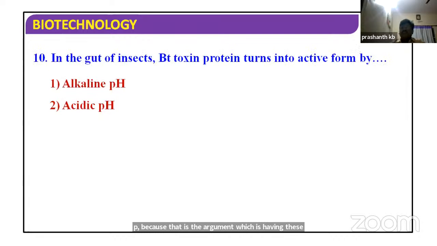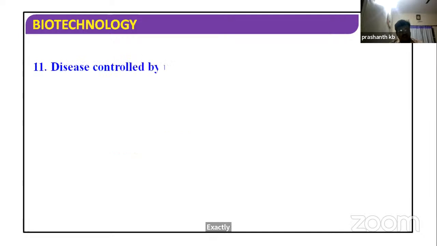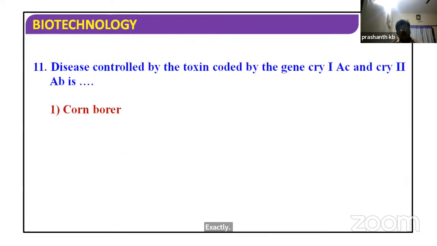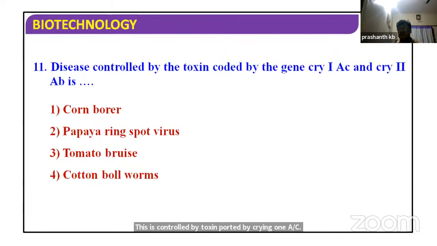In the gut of the insect, BT toxin protein turns into active form by alkaline pH. That is the answer. Next one. This is controlled by toxin coded by Cry1Ac and Cry2Ab. Cotton bollworm is the answer. BT cotton.